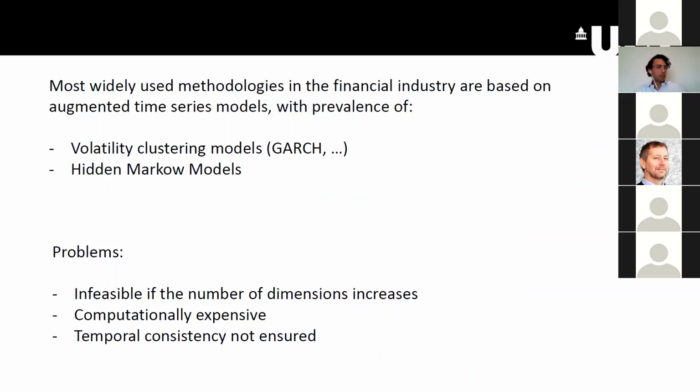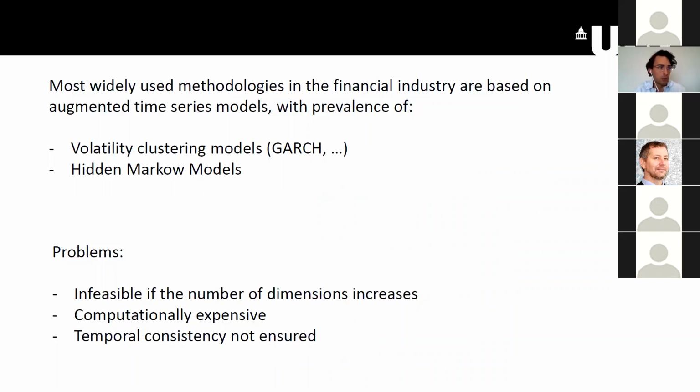This is clearly a problem because we know that financial time series are multivariate in their nature. The patterns and the dependency structure play an important role both in understanding the structure of financial markets and for forecasting purposes.